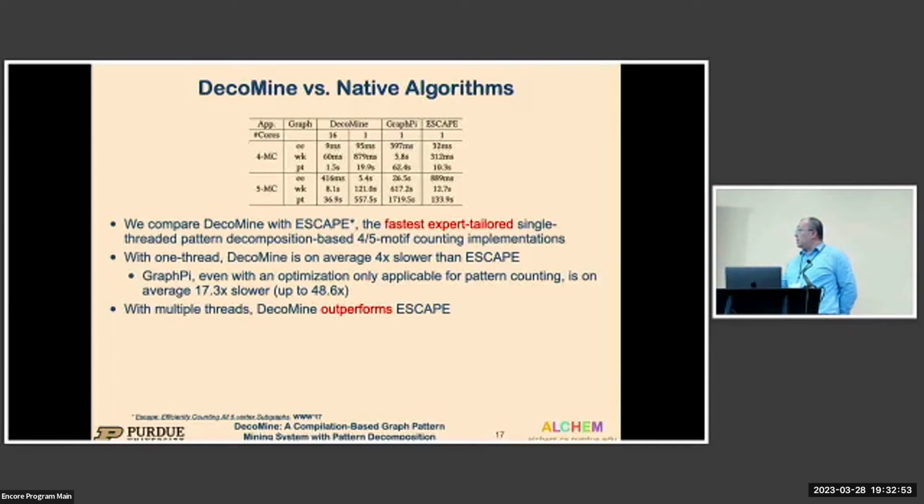For the recent systems, the best they can do is a gap of 17 times, and this is also considering the fact that they are using optimizations that are only applicable for pattern counting. But with multiple threads, our system is better than the algorithm.